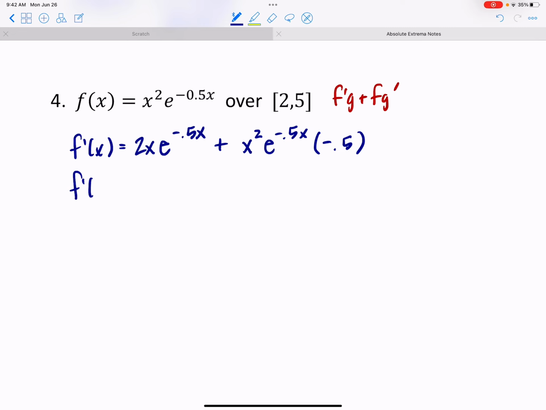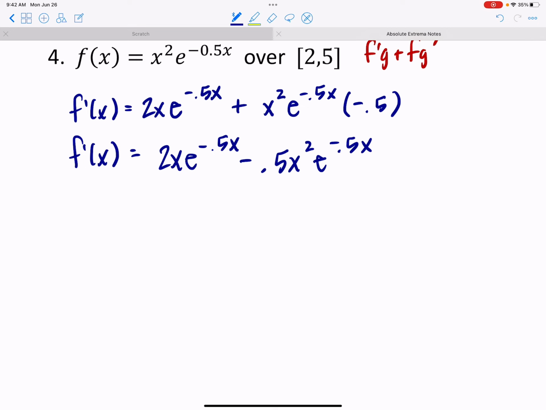So if I make this a little bit cleaner, 2x e to the negative 0.5x plus negative 0.5x squared times e to the negative 0.5x. Now it would be totally acceptable to leave this in this form, although I probably would take this another step, if maybe a couple of steps here.